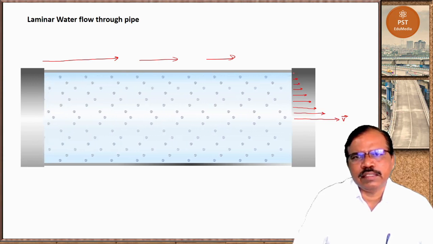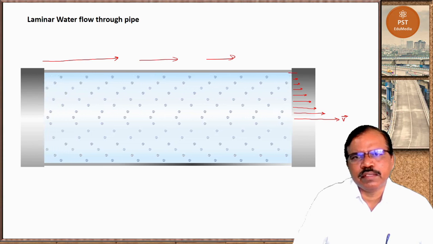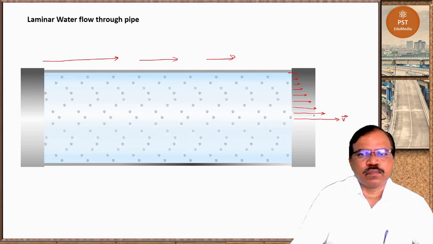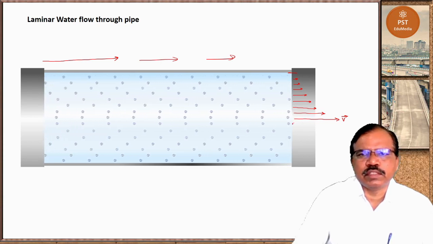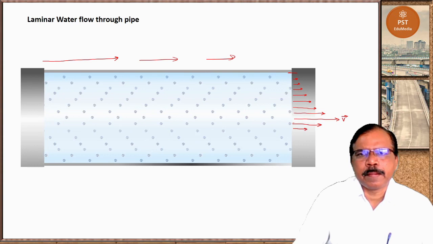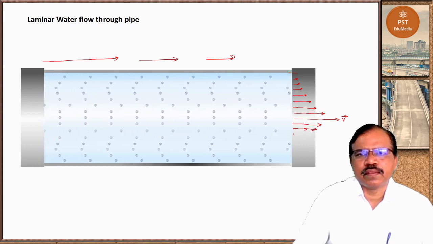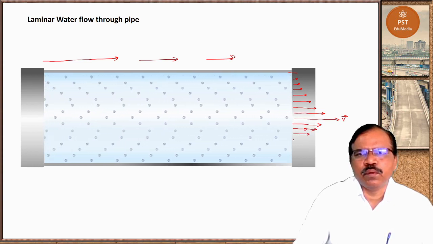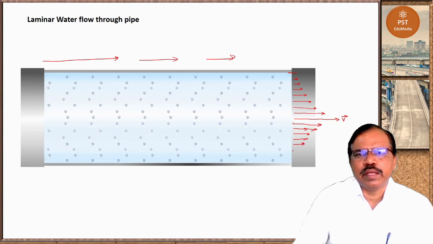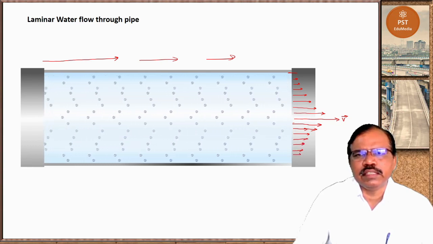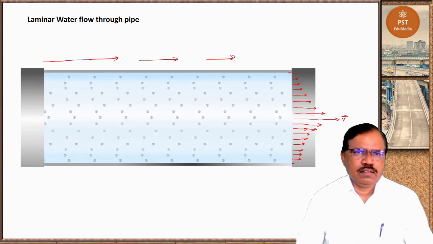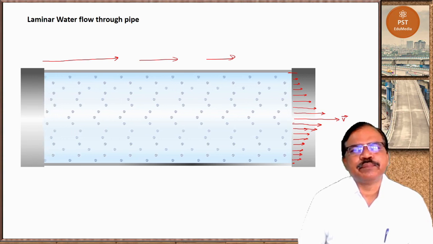And at the inner wall of the pipe, water molecules are nearly at rest. So on both sides you will observe the same thing. So here, if we go radially, you will observe velocity goes on decreasing towards the inner wall of the water pipe.